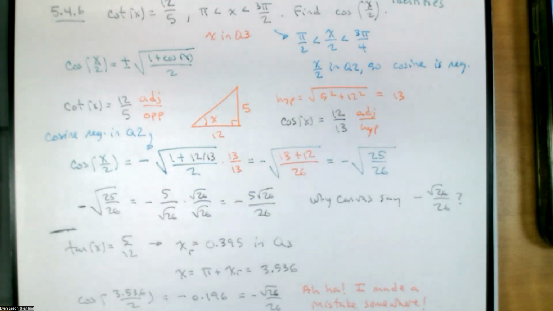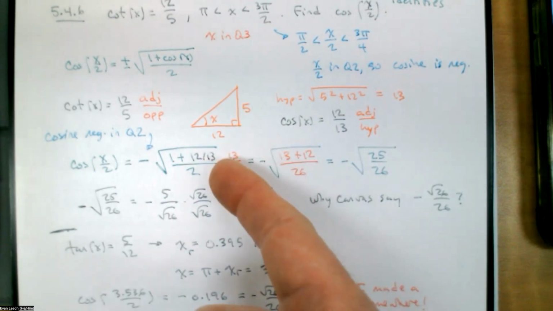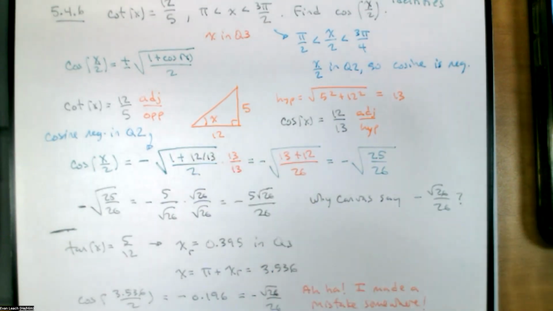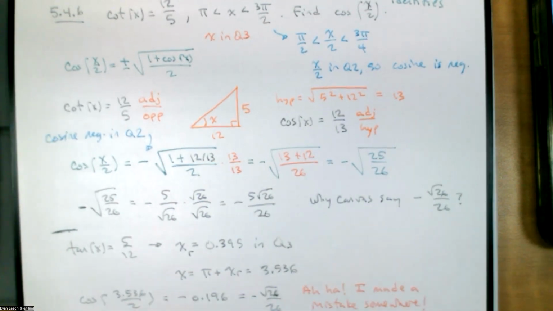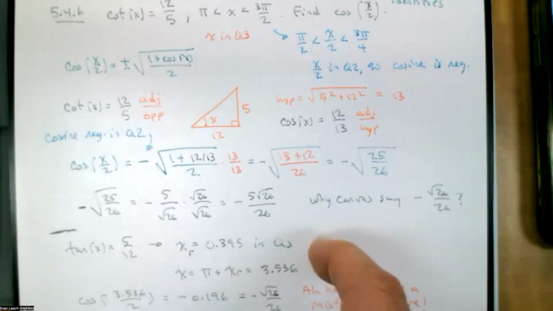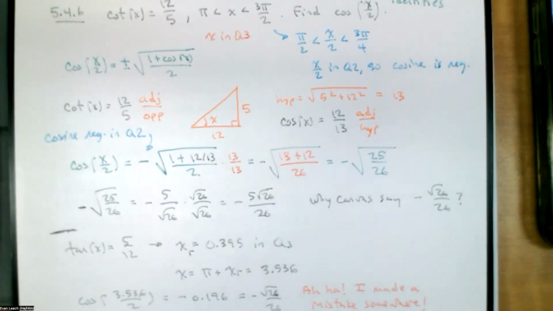So I made a mistake somewhere, either in my calculation of cosine of x over 2 using the identity, or I made an error somewhere in here, because cosine of x over 2, when we actually find out what x is, comes out to root 26 over 26. But I'm not sure what.